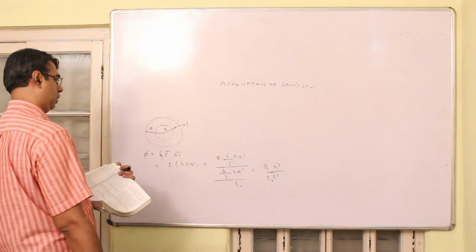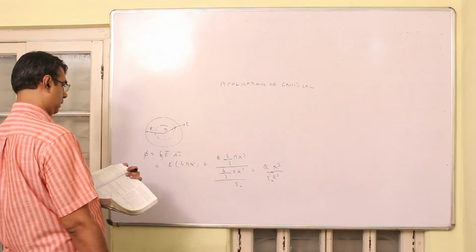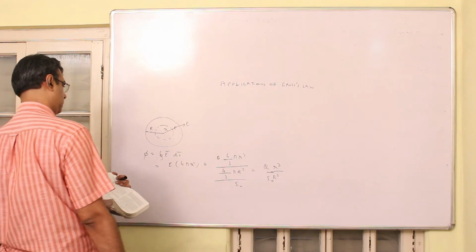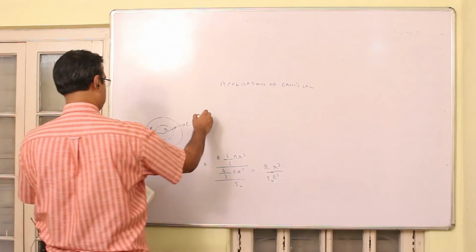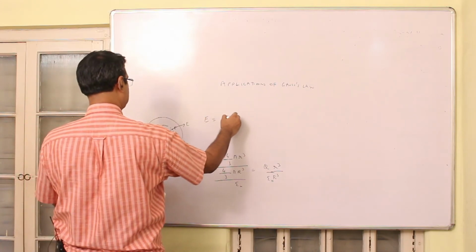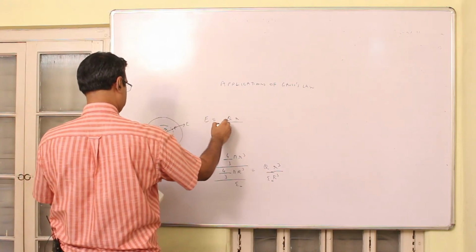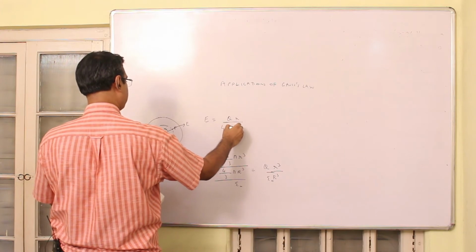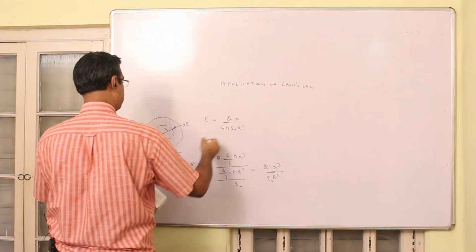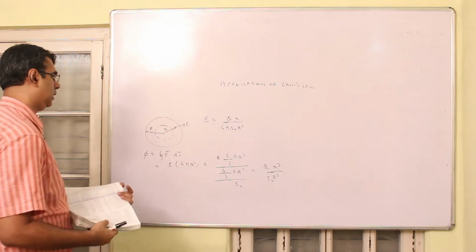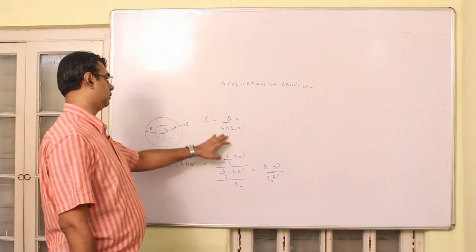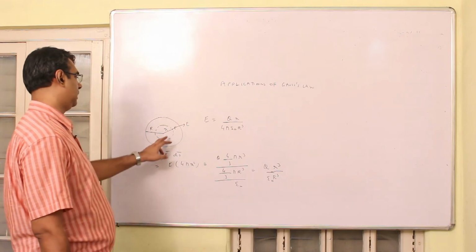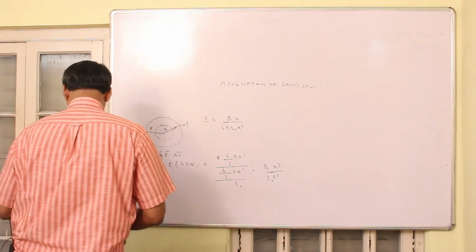So Q into small r cubed by epsilon naught capital R cubed. So this is equal to E into 4 pi r squared. So now you will see that finally the result is coming: E is equal to Q into small r by 4 pi epsilon naught capital R cubed.